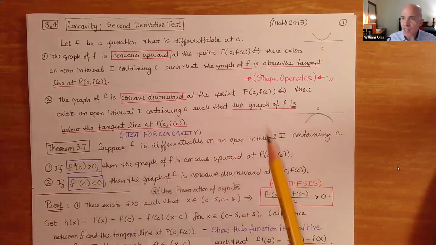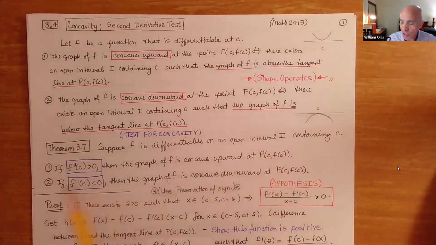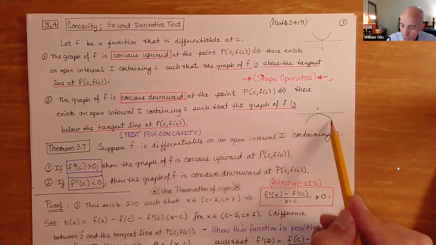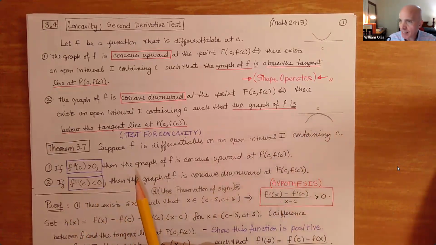So at least in our definition for the concavity, we need the existence of the tangent line at the point (c, f(c)). That is, f prime of c is defined so we can construct a tangent line. And then we want to talk about the curve having a particular shape in the neighborhood of that c.